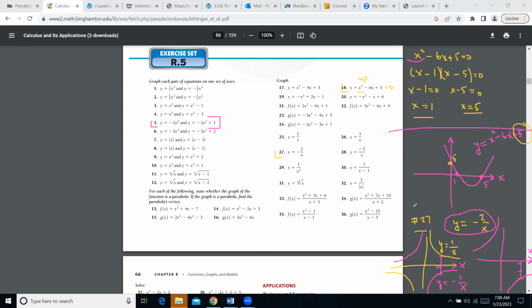There are some more graphs in here, like problem number 35. Let me try to graph that one. It looks like a fractional function, but not really. If you look at problem number 35 and its numerator, you'll notice that it can be factored as x minus 1 times x plus 1, right?